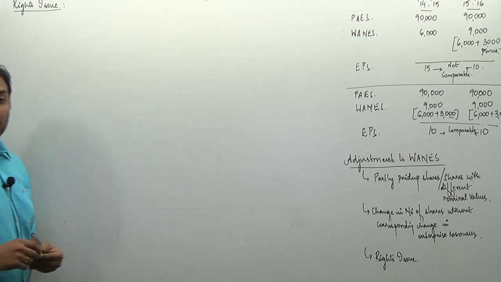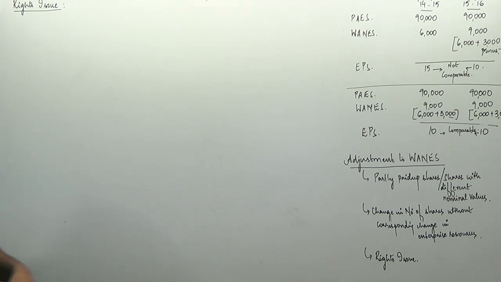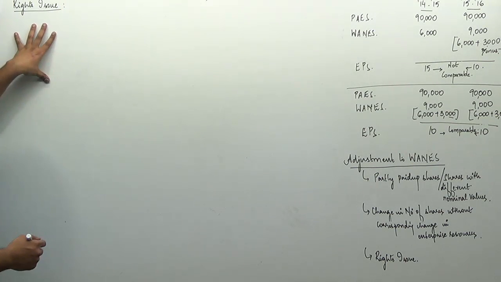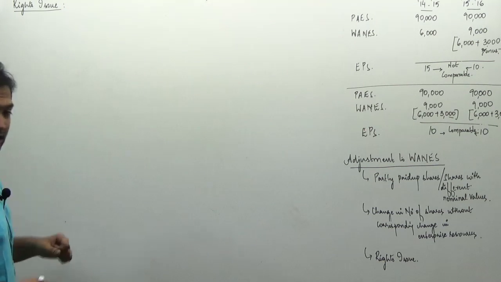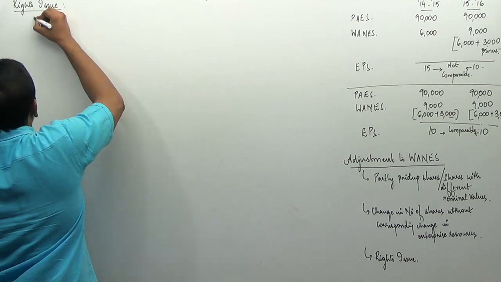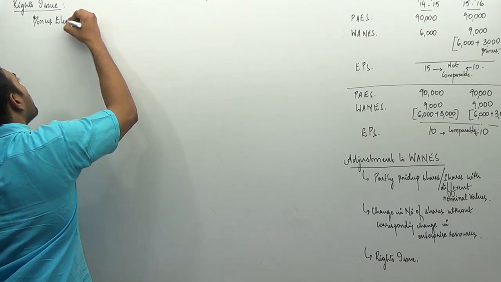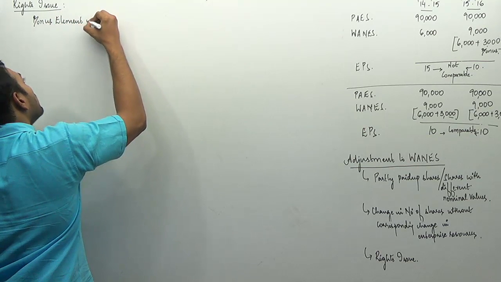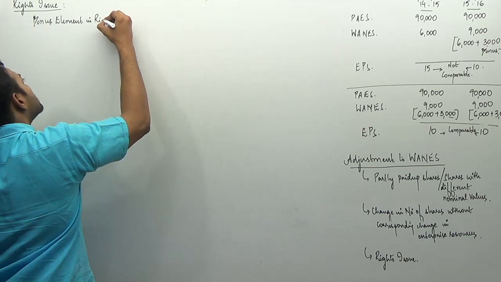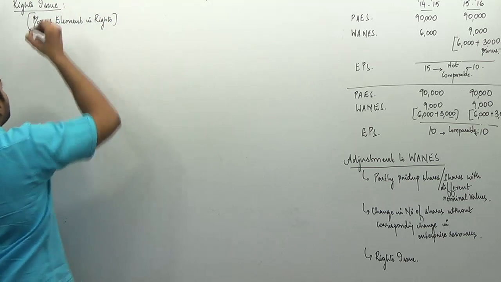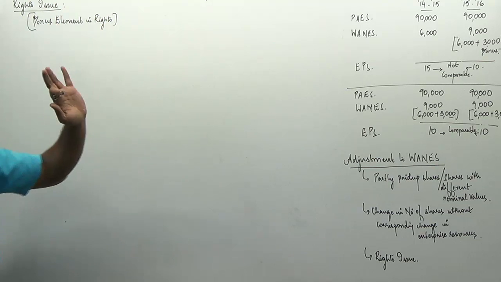Now what is the adjustment for rights in your computation of EPS? He said that there is a bonus element in rights issue. What is that bonus element in rights? Let's try to think about it. I'm giving you some random example.